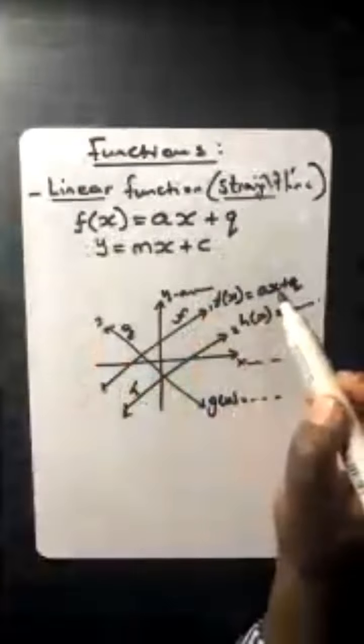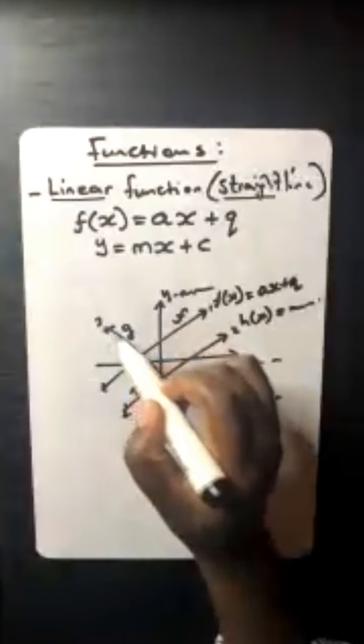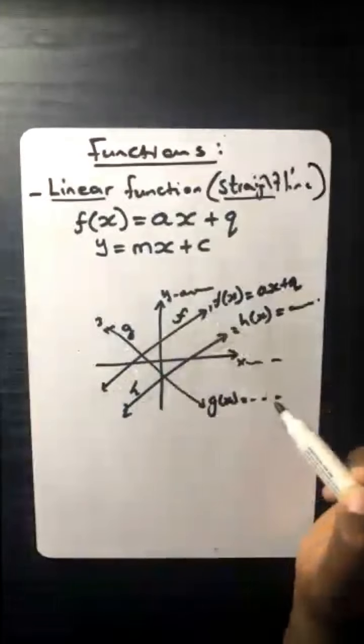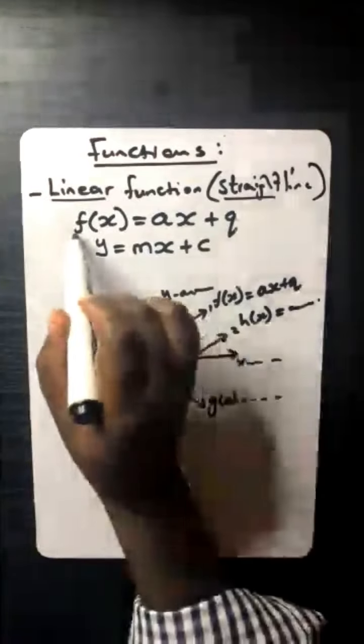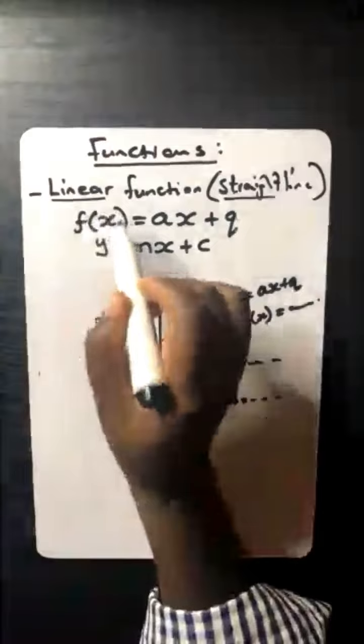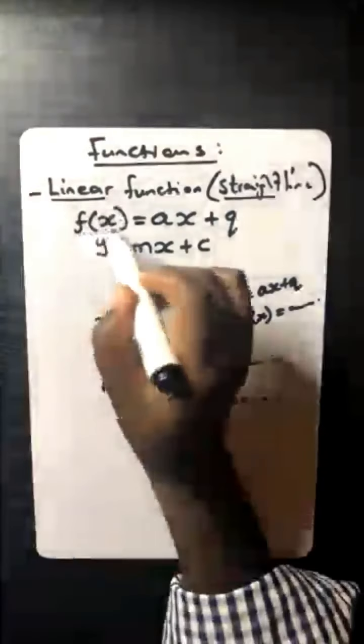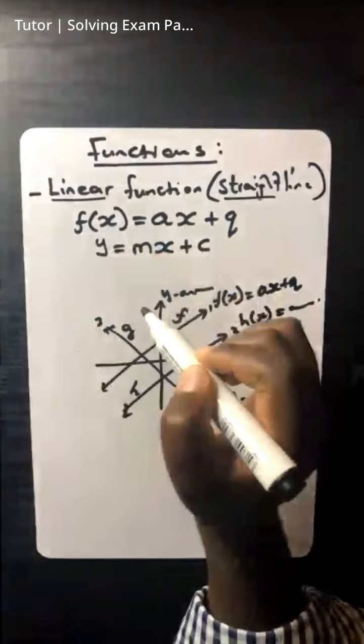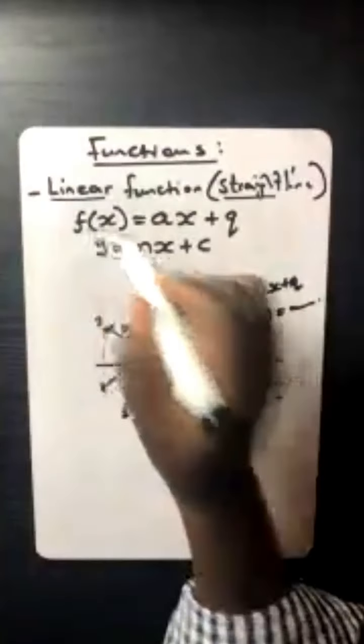In that way, we are not specifying that we're talking about that type of graph or that function. The moment we say f, then we are forced to say f of x. So f of x, in short, simply says the function of x. y and f of whatever, or g of whatever, or h of x, it's one and the same.